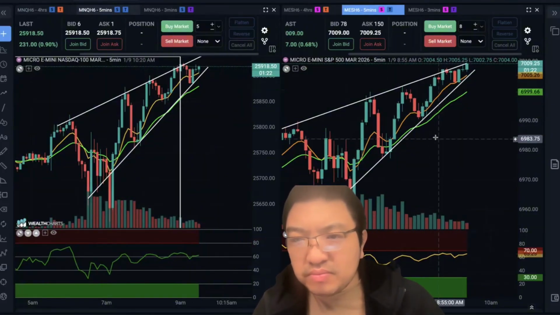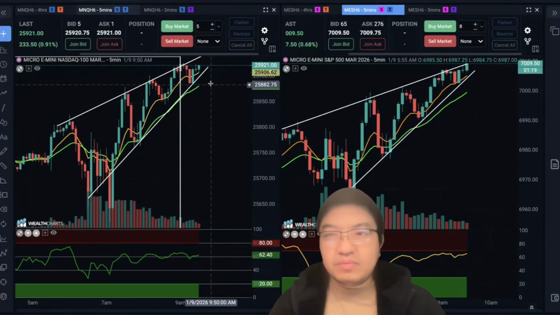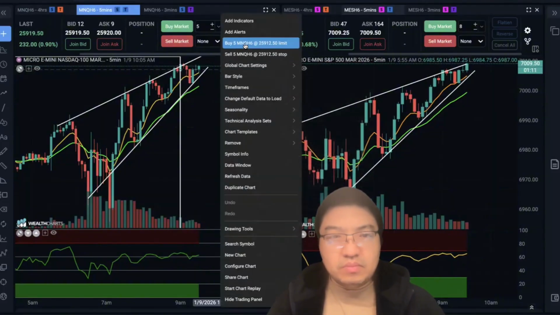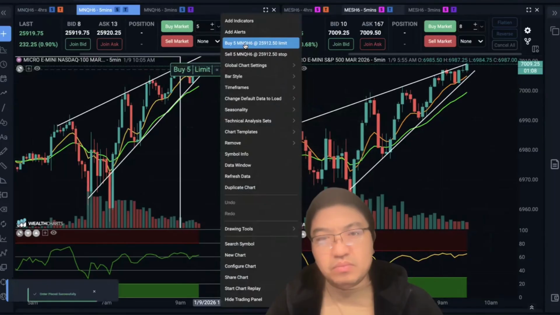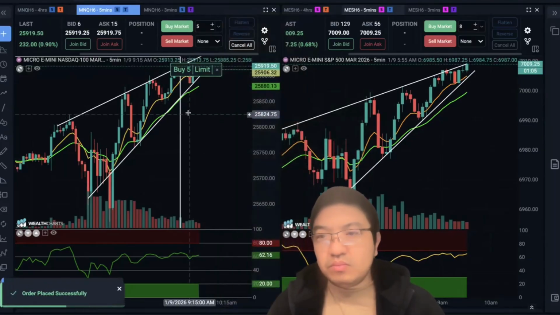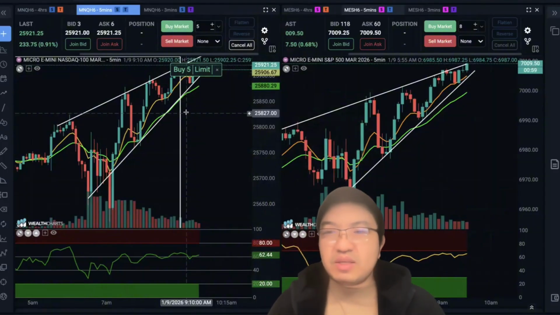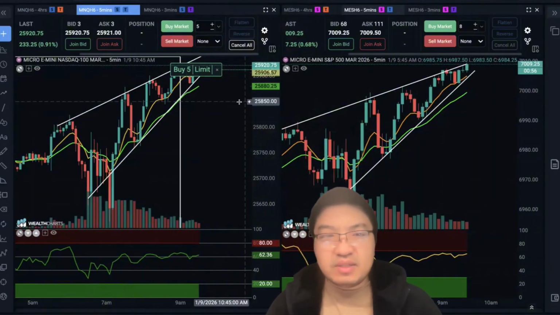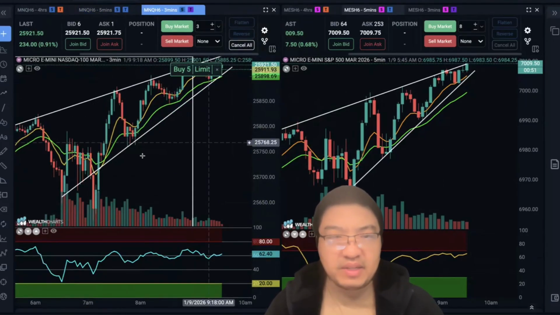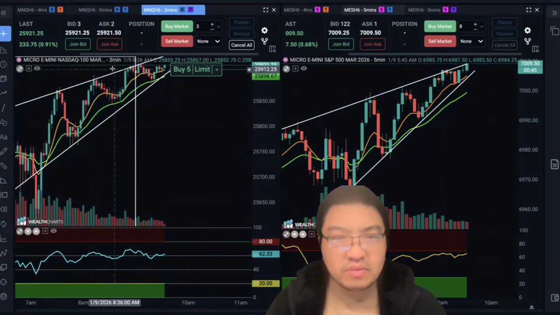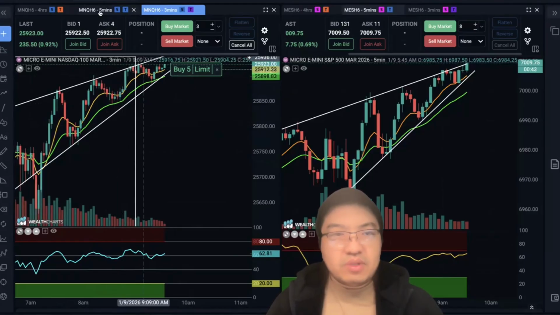See, ES. Actually, there are 2 more minutes, but it looks like ES is going to break. I'm not sure if before that they will fall back. Not sure.